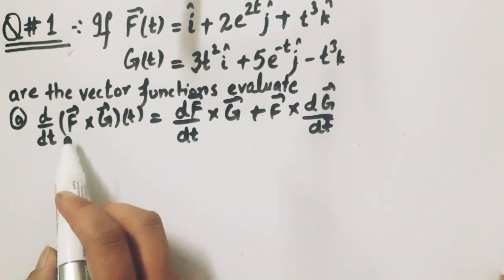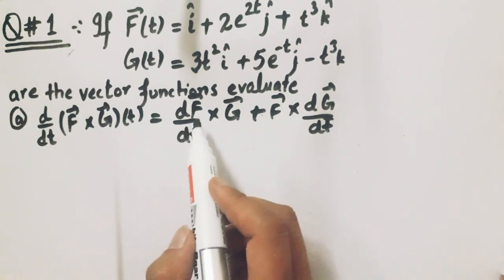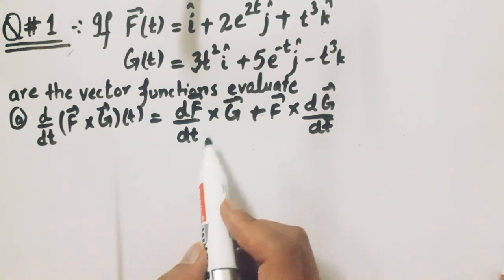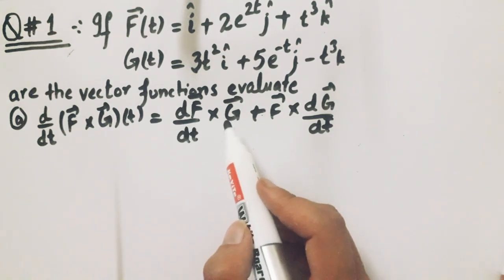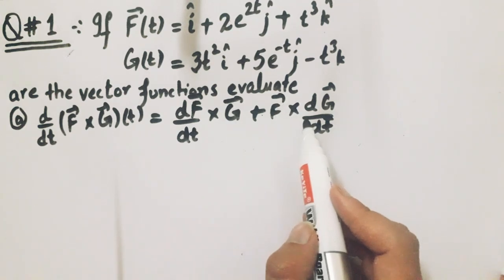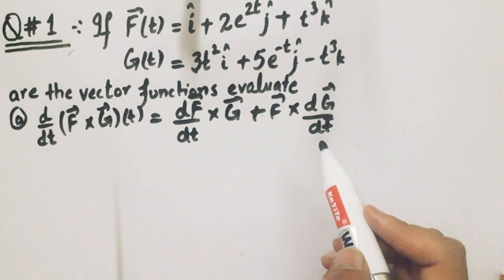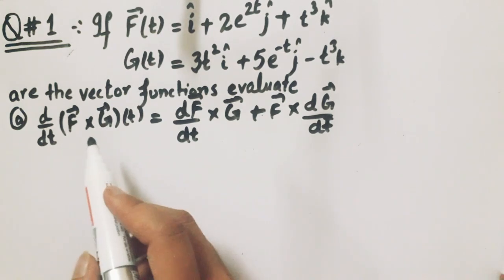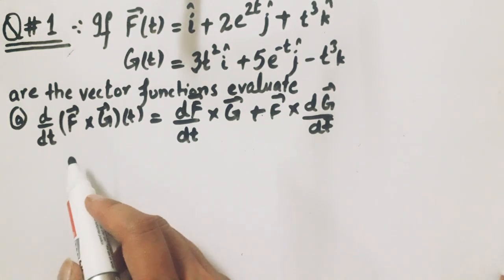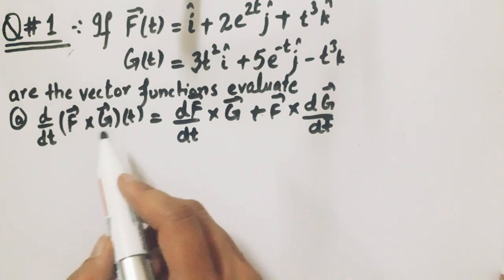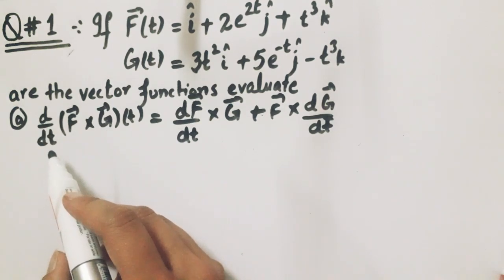differentiate f cross g, which is equal to df/dt cross g plus f cross dg/dt. It means you will take the cross product on the left-hand side and then differentiate your answer with respect to t.